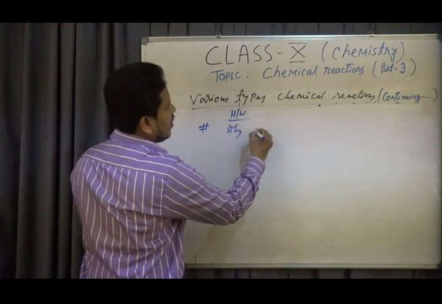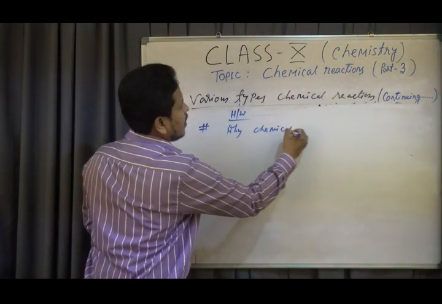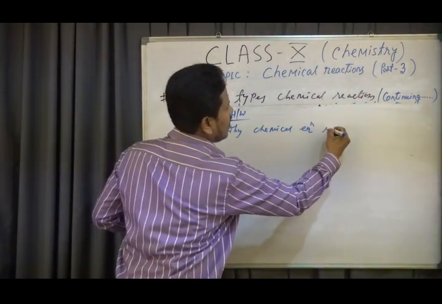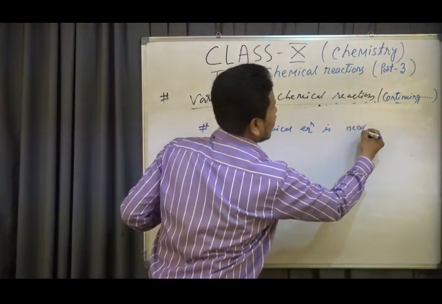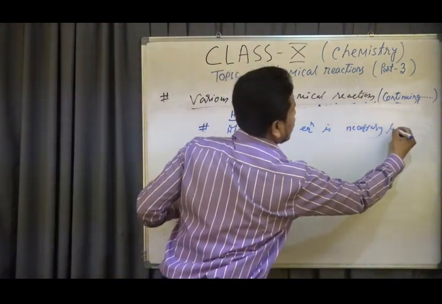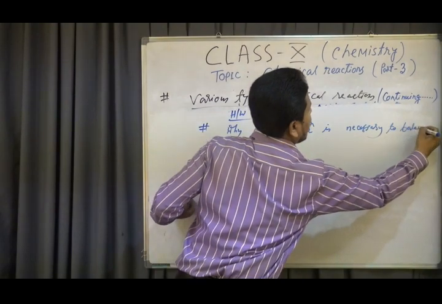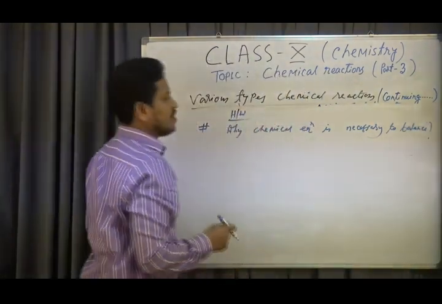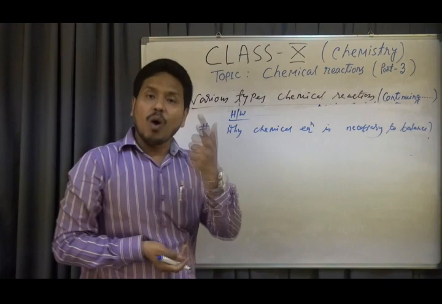Why is it necessary to balance a chemical equation? I have already explained, my dear students, why a chemical equation is necessary to balance, according to the law of conservation of mass.